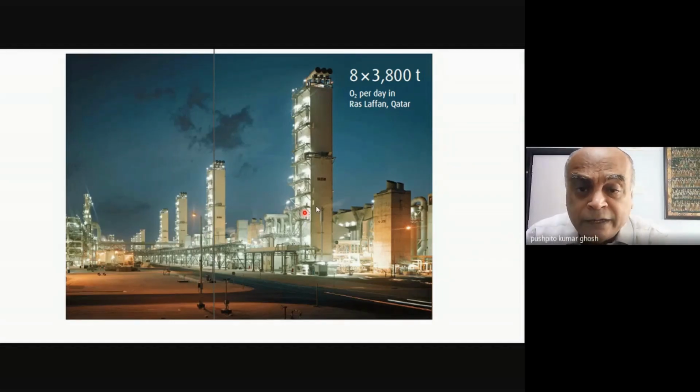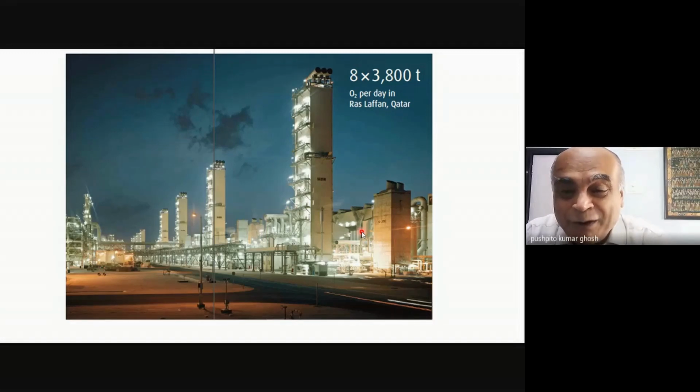If you look at some of these plants, they are humongous. Like there's a plant in Qatar, you can see that this is the per day production of something close to about 30,000 tons per day of oxygen. You can imagine how massive it is and how much air must be getting sucked into these systems.